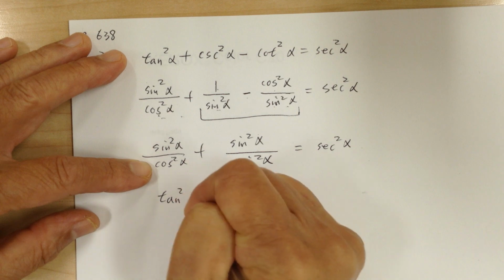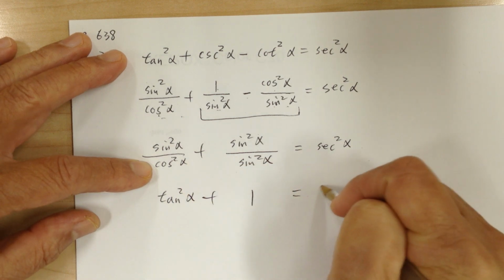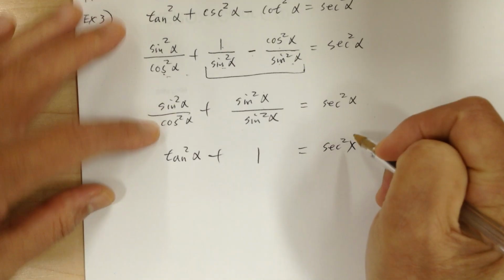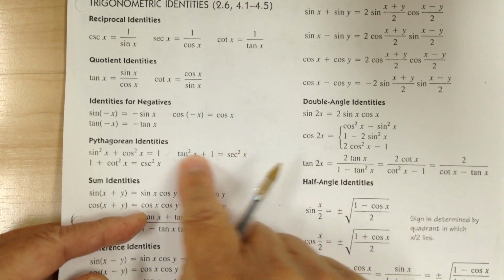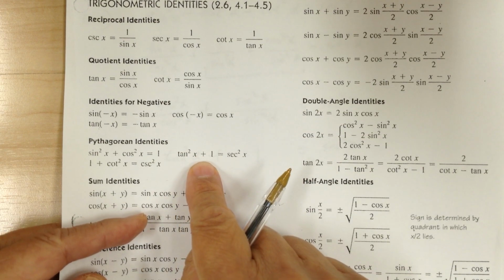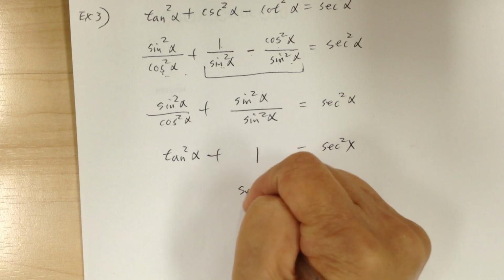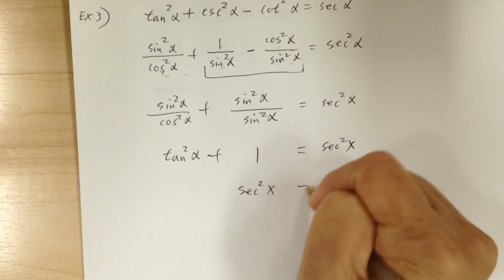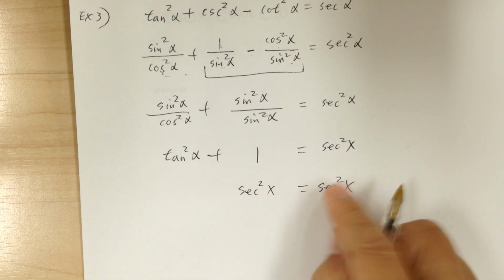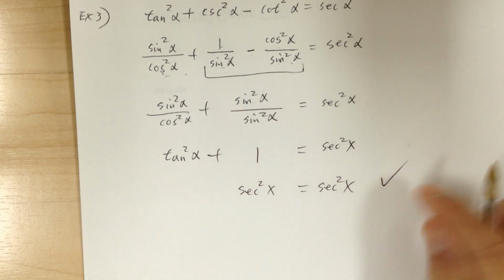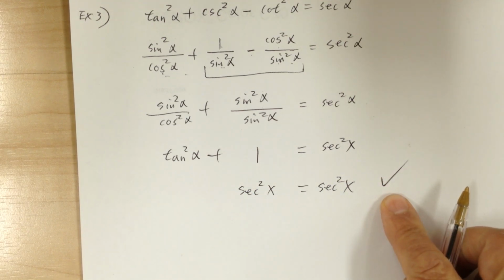Sometimes you don't have to switch. Let's move this back into tangent, because from there we can find one of the identities that we can use. So this is equal to secant squared. So you get secant squared x equals secant squared x. And once the two sides are identical, once the two sides match, you put a check mark. That means you proved it.